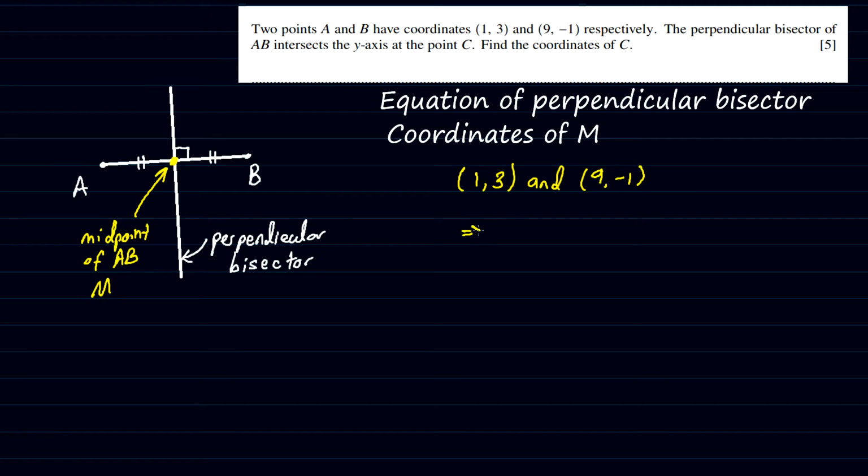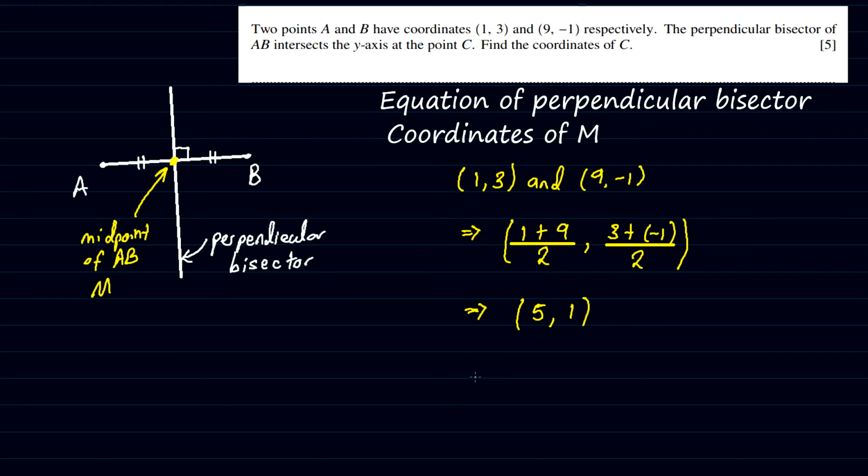I'll have 1 plus 9 over 2, then 3 plus -1 over 2. I will simplify this, and this is going to give me eventually 1 plus 9 is 10, and 10 divided by 2 is 5. 3 plus -1 is 2, and 2 over 2 is 1. So the midpoint is 5, 1.